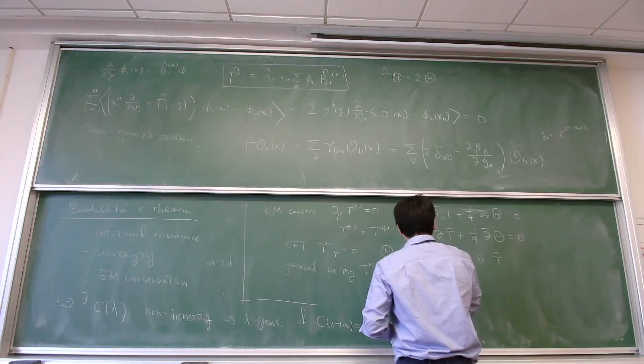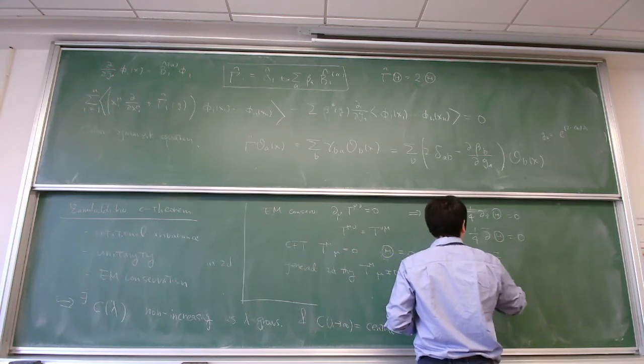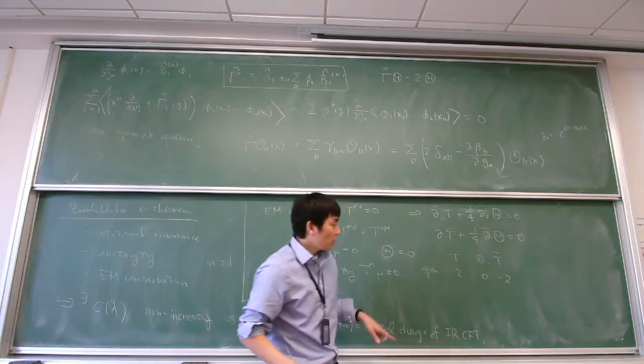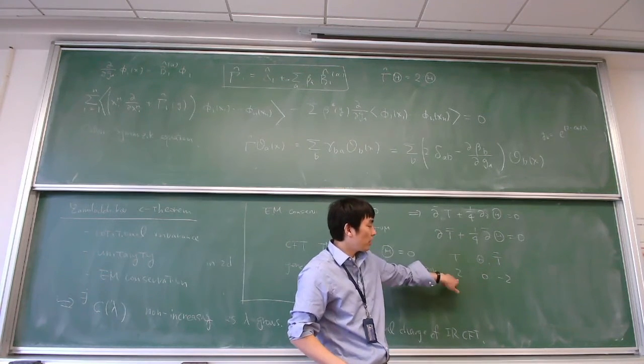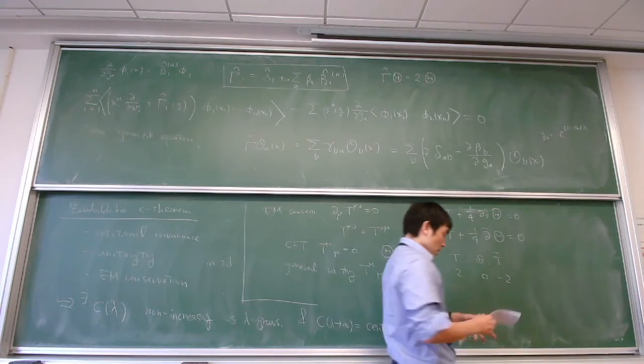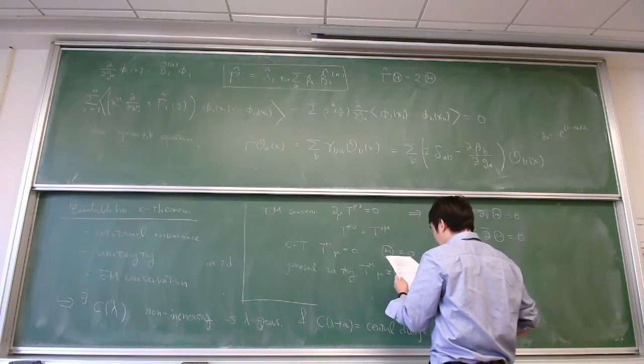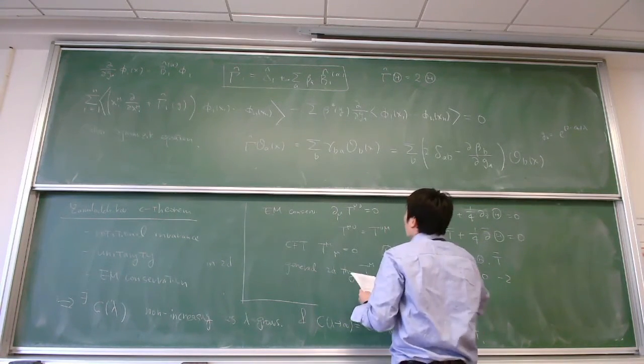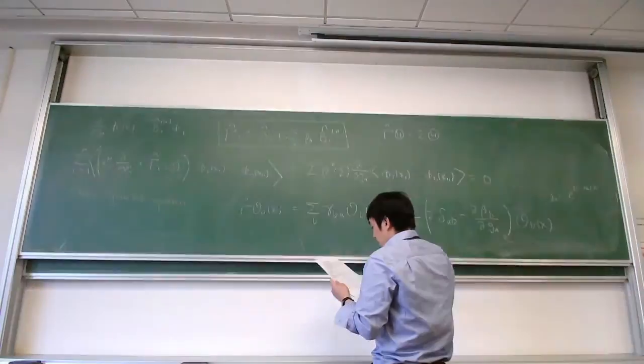The spins are of course 2, 0, and minus 2: as a holomorphic component, TZZ has spin 2, the trace component has to be 0, and T bar has to be minus 2.